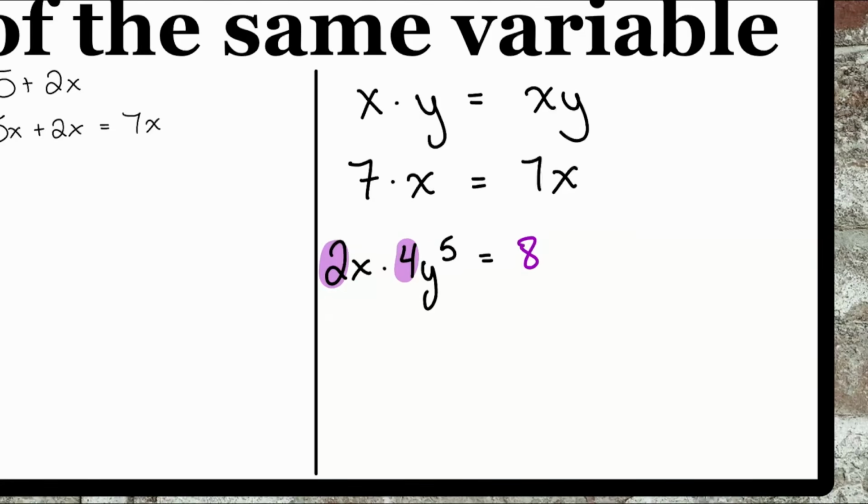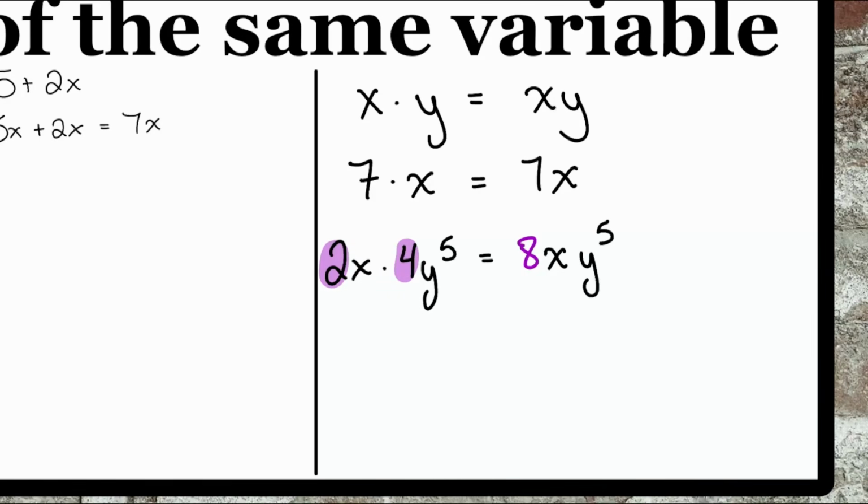So that'll be 8. But everybody, can we multiply x and y to the power of 5? Not quite, right? We can't actually mix them together, but we can just say x, y to the power of 5. This exponent here does not go to the x. It stays on the y, exactly where it was to begin with.